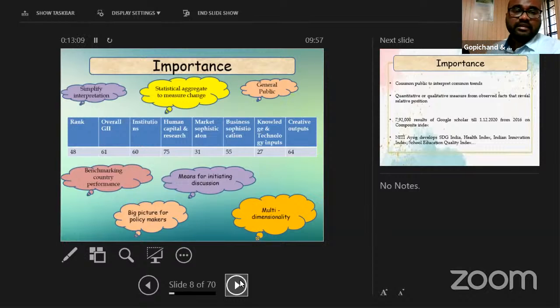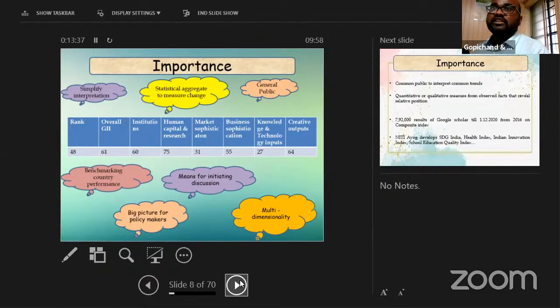It helps in benchmarking the country's performance. Year by year, what are the changes we are getting? We can know that, and it is a means of initiating discussion. In many discussions we use the Global Innovation Index, or whether GDP is increasing or decreasing. Based on that, we create interest based on the index values.